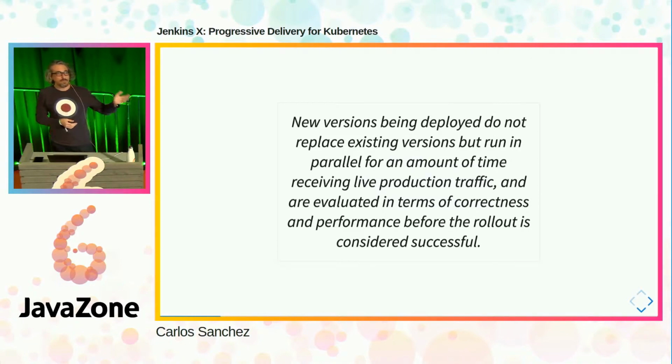You have the previous version and you have the new version, and you run both versions at the same time. Using these techniques, you make sure that the users go to one or the other, depending on whether the new version is successful or not. And we evaluate the results of the new version with real users in production. So we make sure that our version is being successful, and we gather metrics. And in case that it's not the case, we have an easy way to roll back to the previous version.